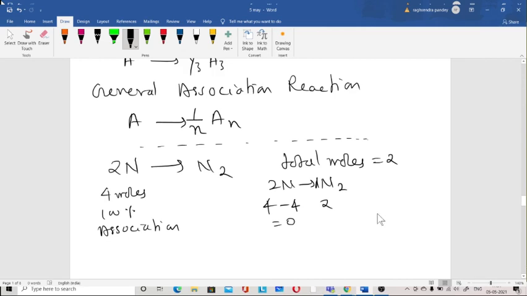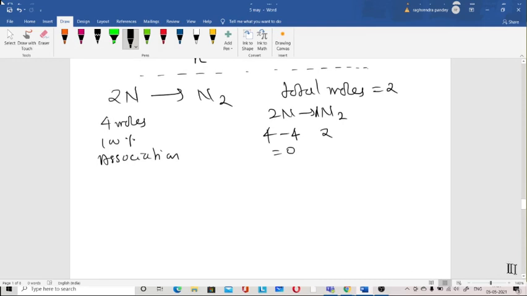Everybody getting it? Yes or no? Yes, sir. Now sir, suppose it's given that 50% is not used, so 1 mole, right? Total mole will be 1.